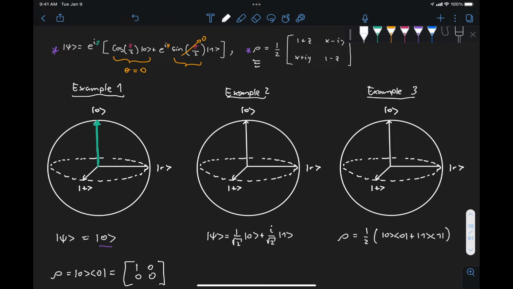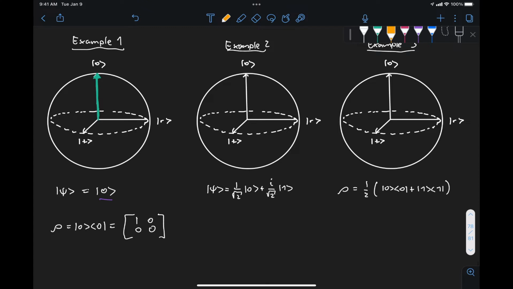Well, if we look at this, the off-diagonal terms are 0, and that immediately tells us that x and y must be 0, right? So let's write that down. So x and y must be equal to 0.